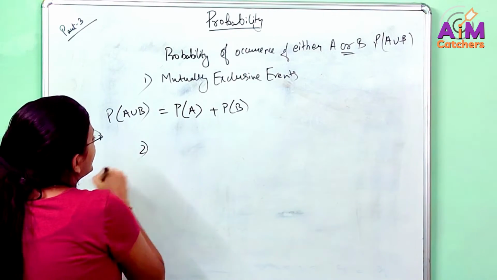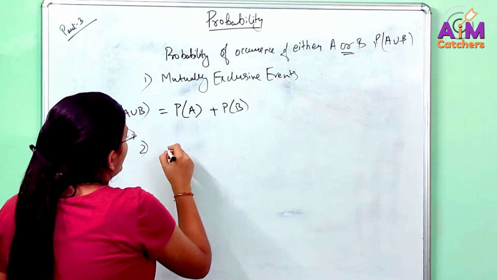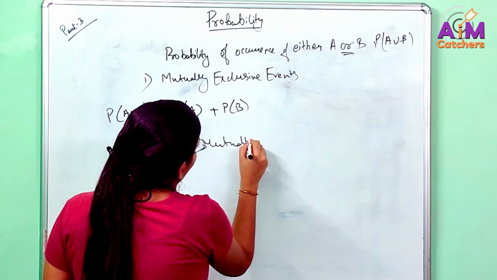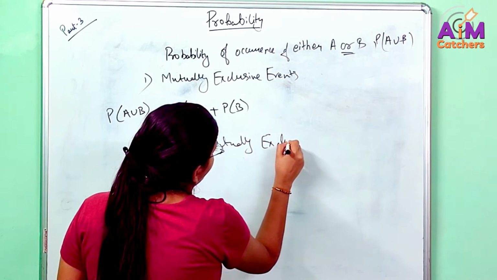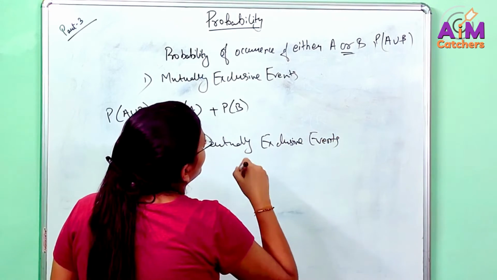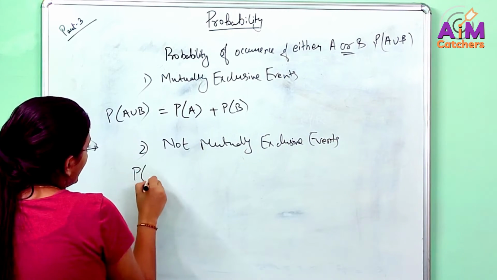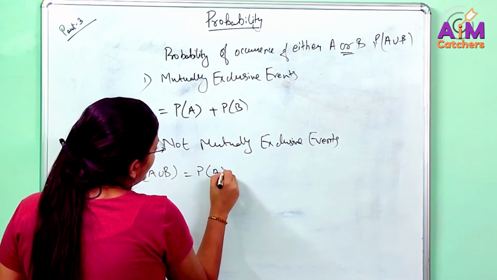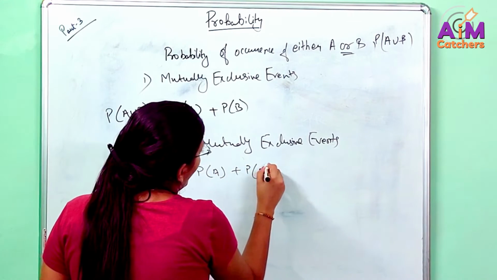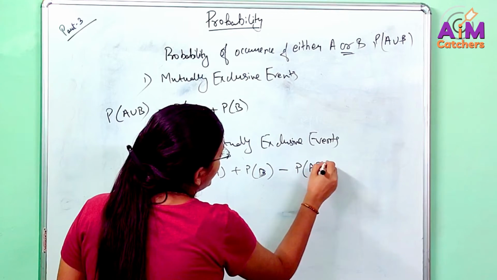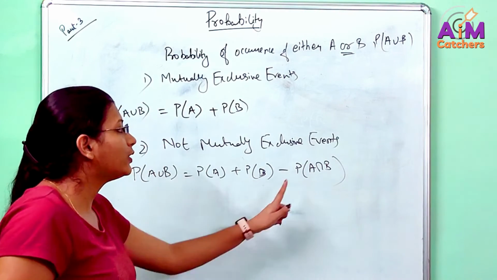Next, when these events are not mutually exclusive, the occurrence of A won't affect the occurrence of B. In this case, the formula is similar, but you need to subtract the probability of A intersection B. What is A intersection B?